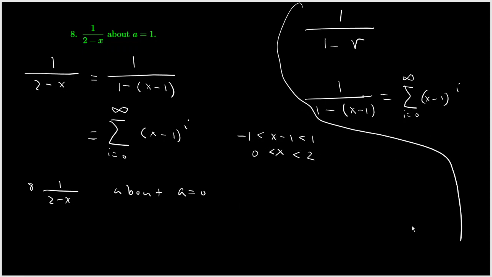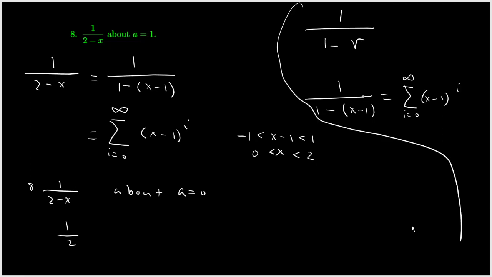I will squeeze it here so that you can contrast the two cases. If you want a to be 0, by that I mean I want every term of the power series to be a power function of x to some power. Then you would do something like this.